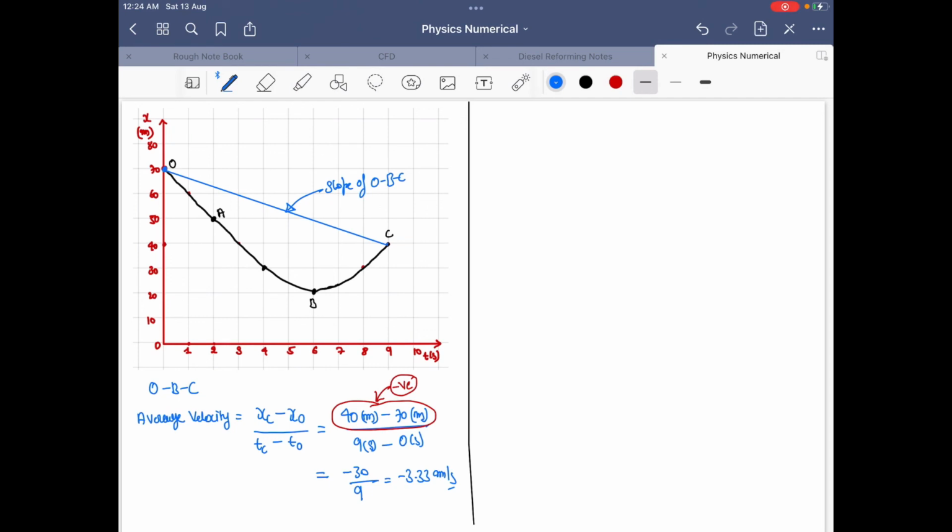Now we will find the average speed. What will be the average speed? As defined earlier, average speed is the total path length of OBC divided by the time interval.